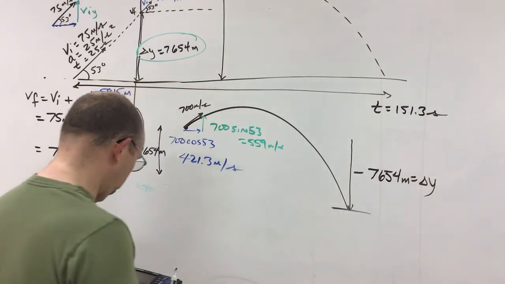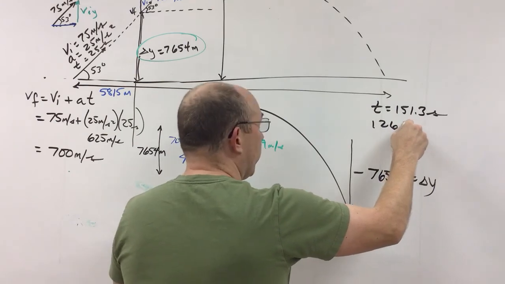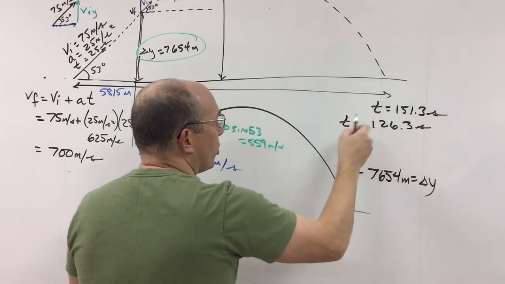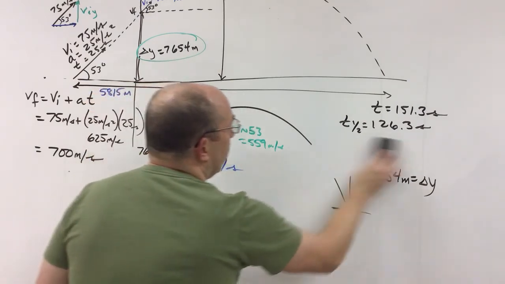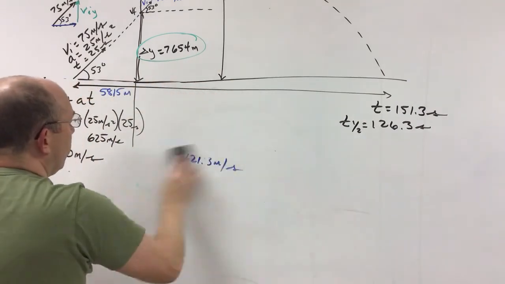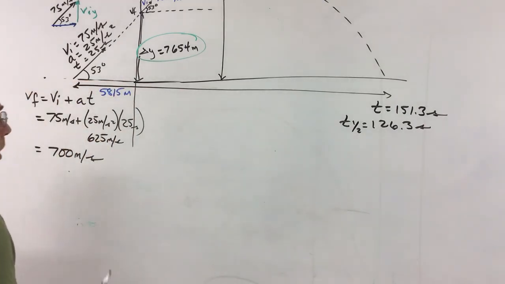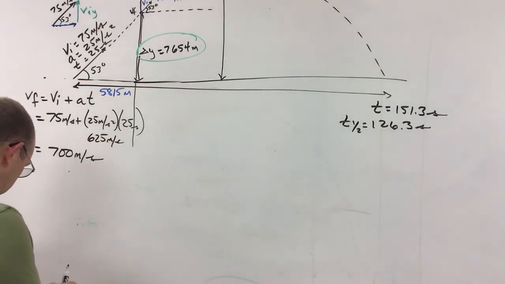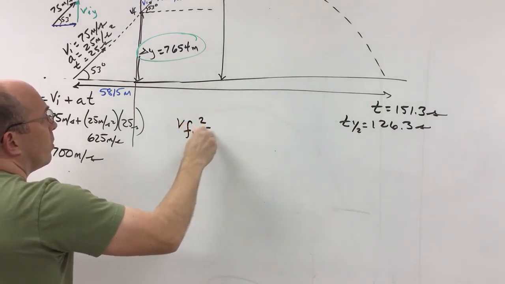The second portion of that motion again was 126.3. It's not half of the motion, but I'm just going to call it the second portion. Still looking for the altitude. Okay, our altitude can be solved from this equation.